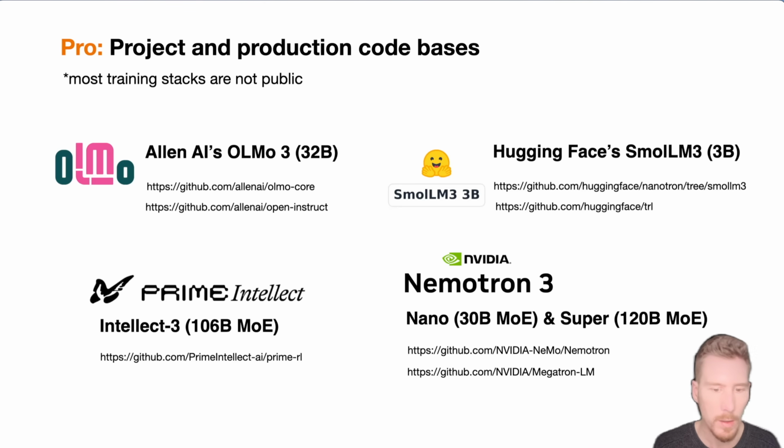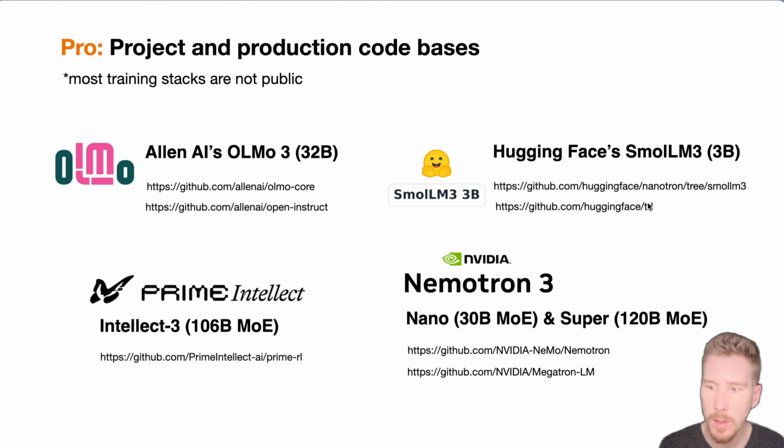But for those, we know they resulted in good models, so they must be working well, right? So there's Olmo 3, almost 32 billion, from Ai2. Then the Hugging Face SmolLM3 is a really good model for its size. Of course, it's not going to be at the top of the leaderboard compared to DeepSeek because it's a much smaller model, but it is a very powerful, capable model at that size.